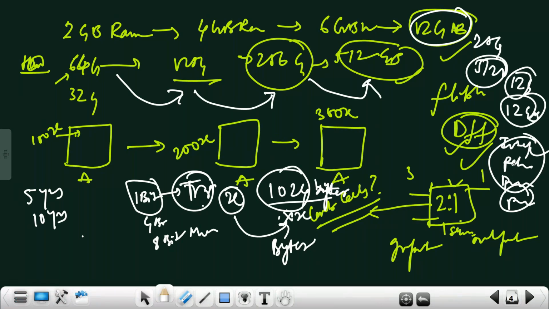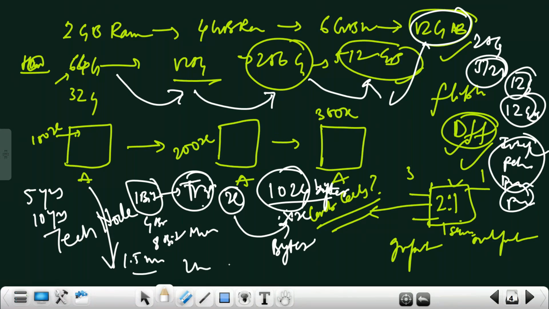Now, how are they able to accommodate more complexity in design? Because the technology node has shrunk from higher tech to now. We are recently working on 1.5 nanometer, 2 nanometer, 3 nanometer also. This is the latest one. Now in the market, phones have the smallest transistors in the chips.